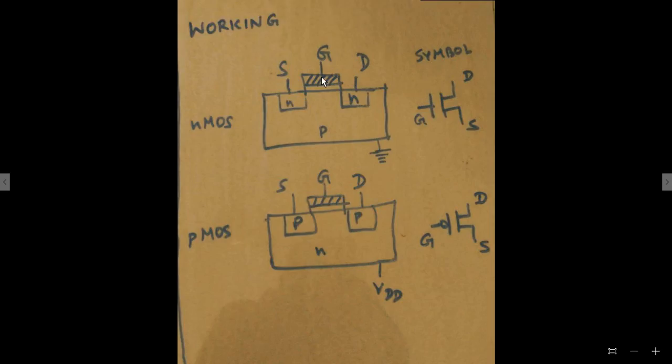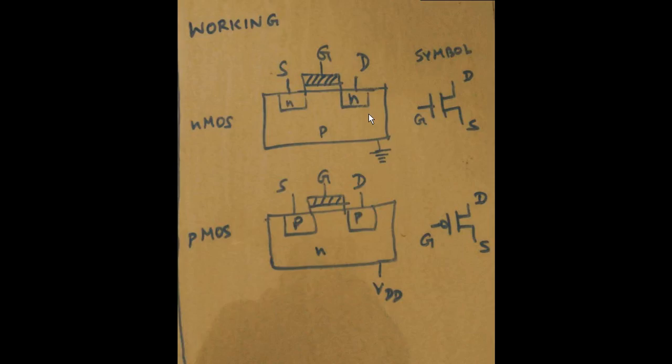As I already told, here there is no conduction between gate and source or gate and drain, because there is an insulator between this part of the transistor and the gate, which will not allow electrons to pass through the gate, resulting in zero current between gate and source or gate and drain junctions, which will result in approximately zero power dissipation when the transistor is at idle condition. So this is the advantage of MOSFET.